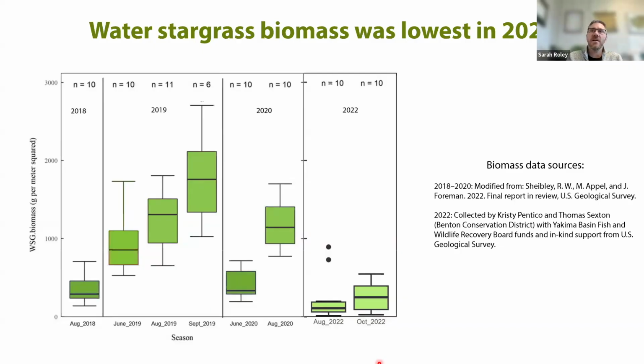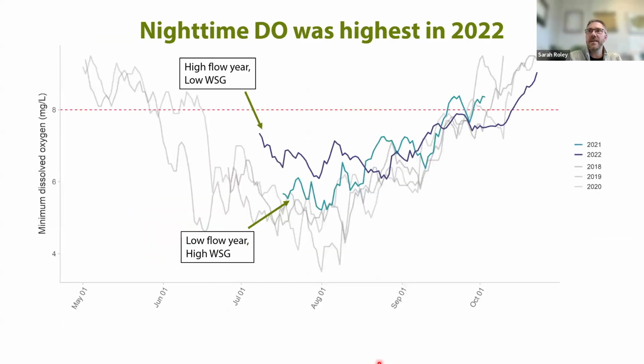And so here are what the DO data look like. So this is nighttime DO in 2021 in the light blue line here, and in 2022, these are data from my sensors in the colored lines. And then for context, these three gray lines in the background are USGS data from 2018 through 2020.